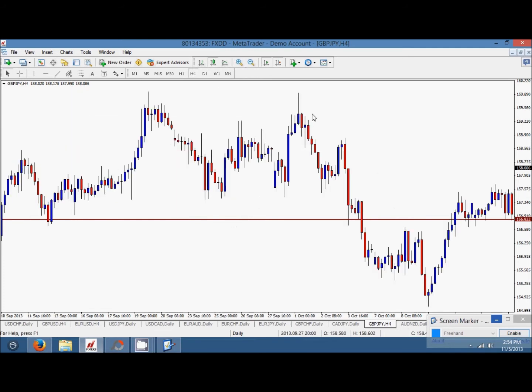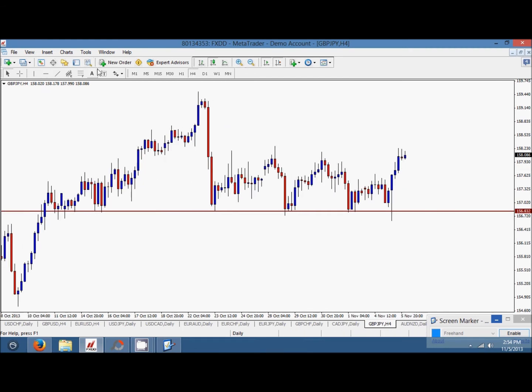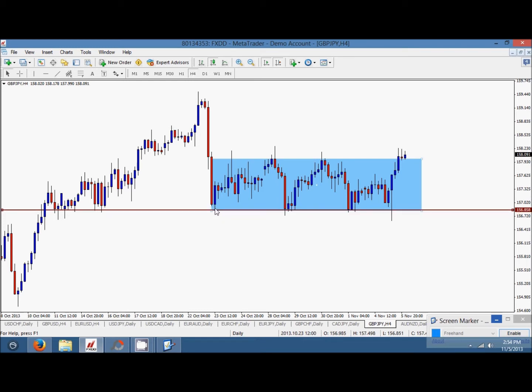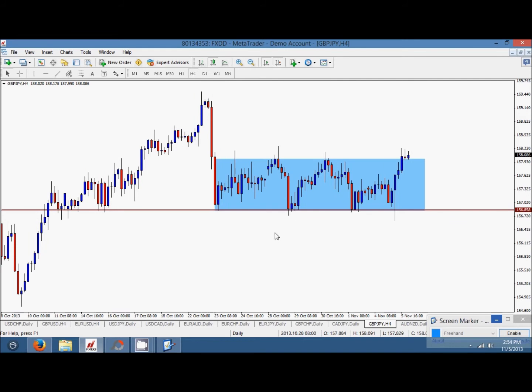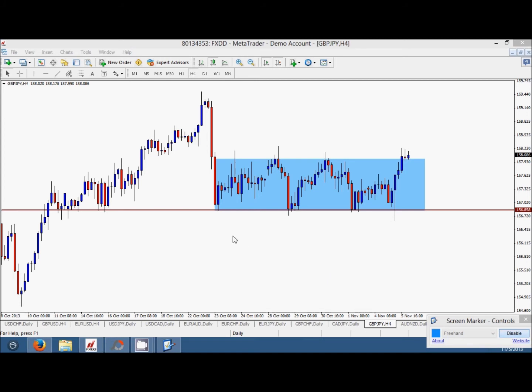But if we take a look, you can see prices have stayed within this box right here.